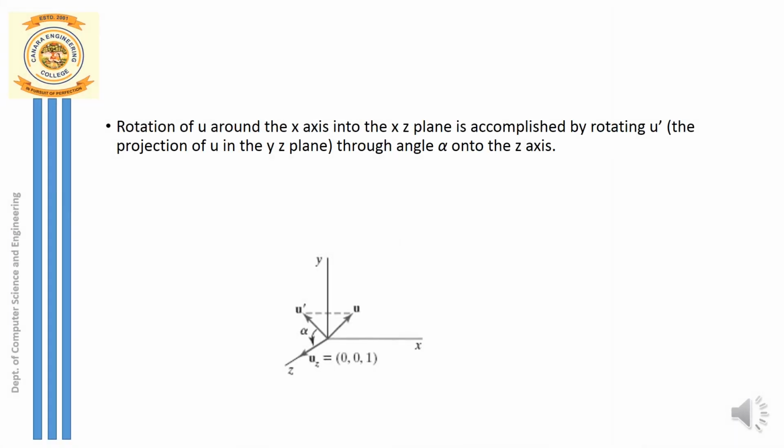So let's see the next step. After performing translation, what to do next? Our objective here is to rotate the object along the z axis. But one point you have to remember: we cannot directly rotate the object along the z axis.